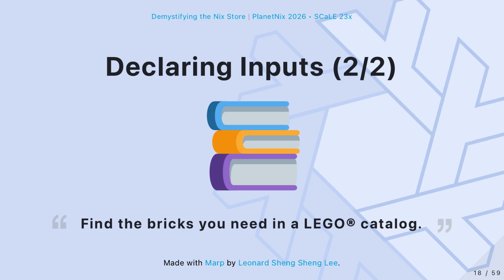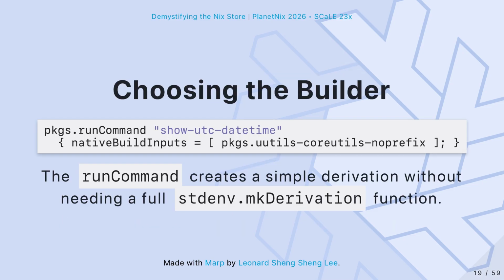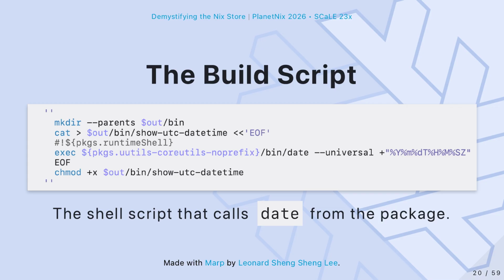Now, the second part is choosing the builder. So here, we use the run command, which is the simplest way to create derivations. You give it a name, declare which tool you need at build time, and produce a build script. The name here, which is after the run command, you see I put in quotes, show UTC date time. That is the program name that would appear after the hash in the final store path.